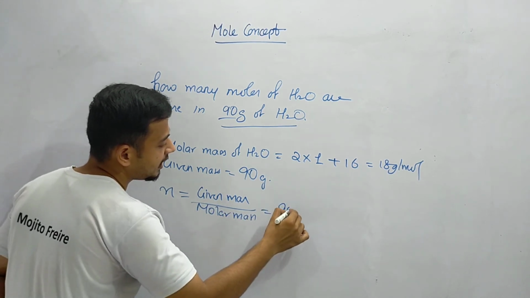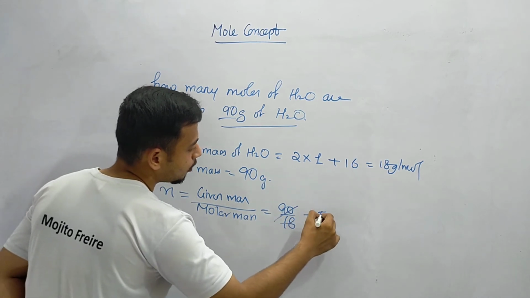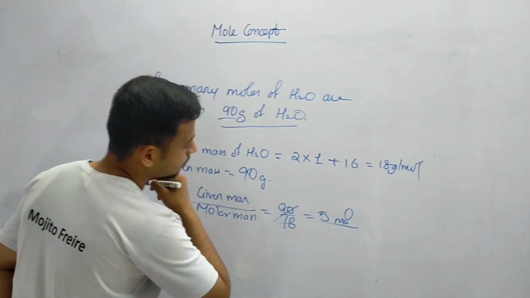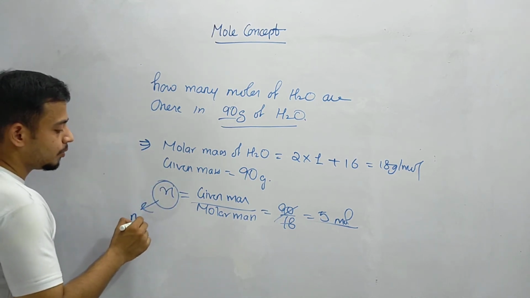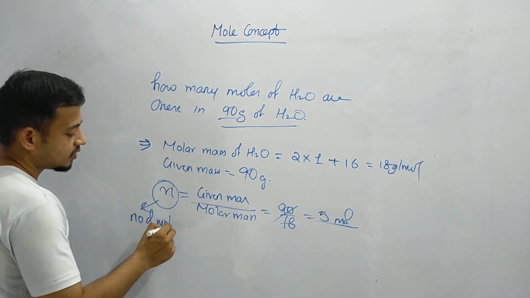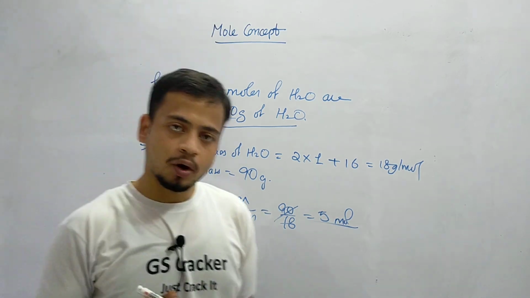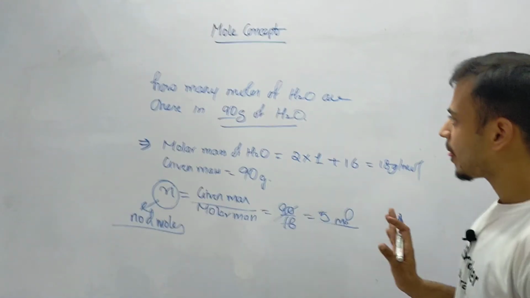So this becomes 90 by 18, that is equal to 5 mole. This is the number of moles of water. So you got this. It's so easy.